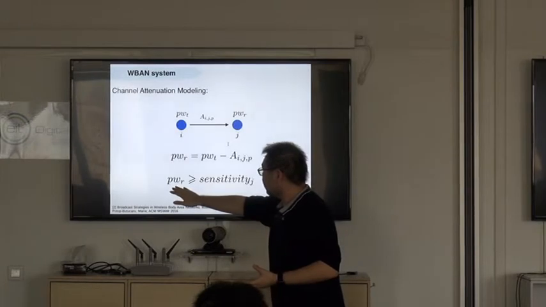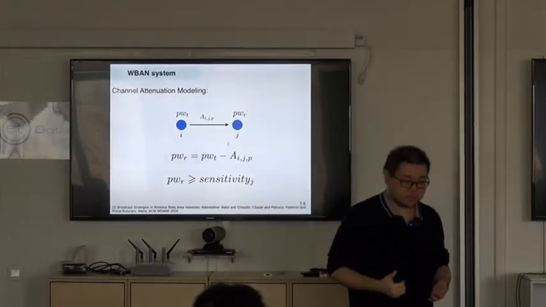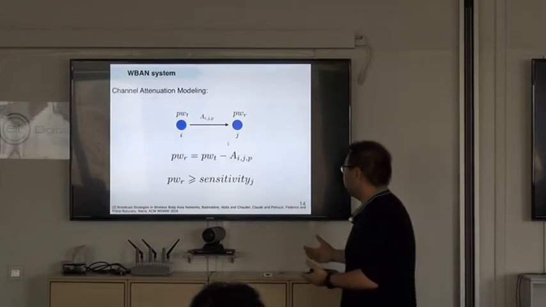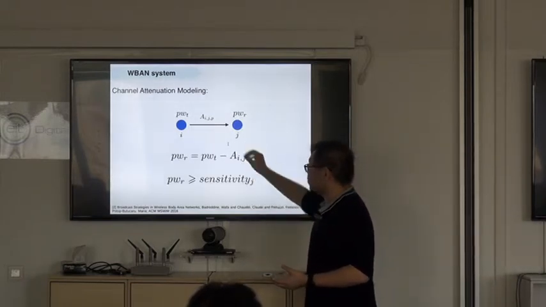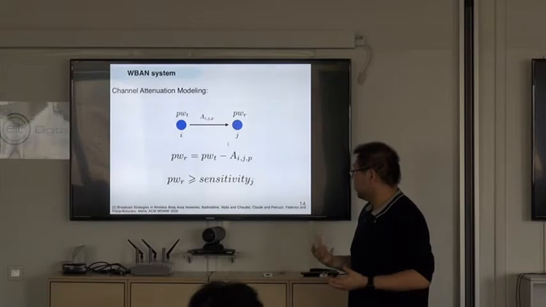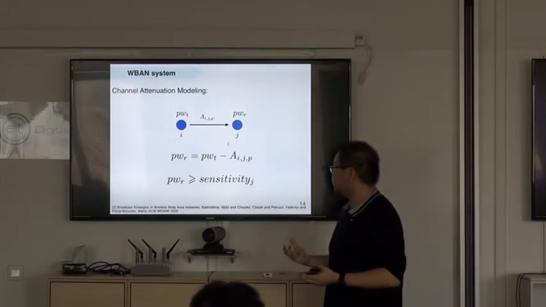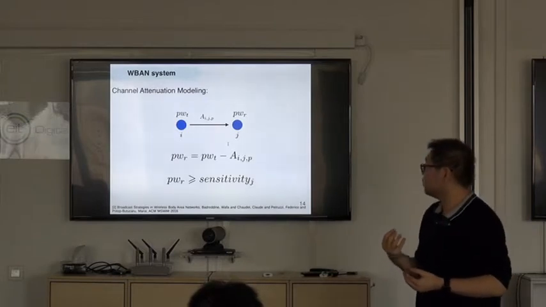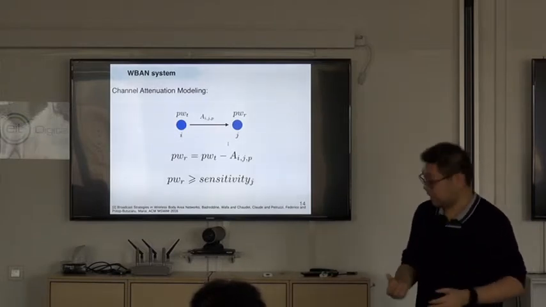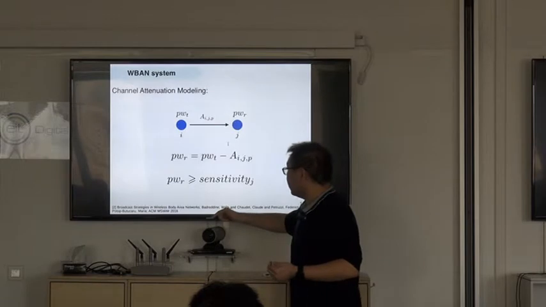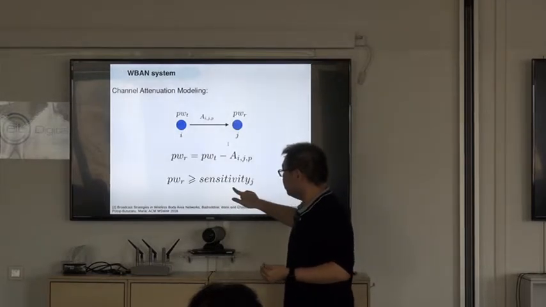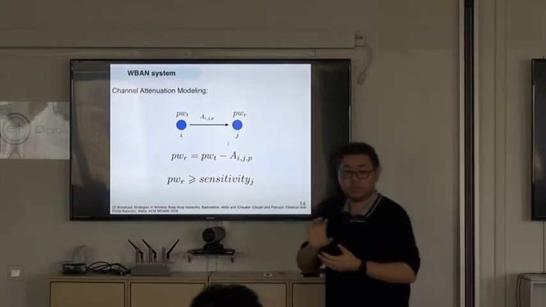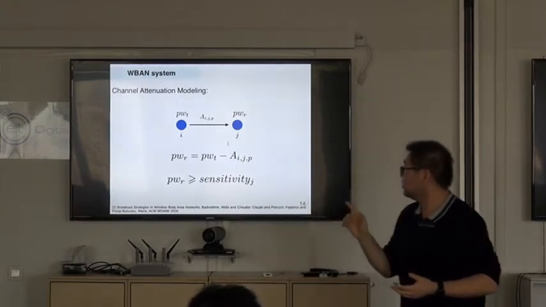If the receiving power is bigger than the sensitivity of the receiver, which is a parameter of the receiver, the link exists. The smaller the sensitivity, the weaker the signal the receiver can detect. So the message can be transferred from I to J.